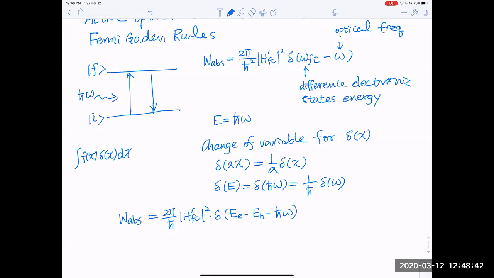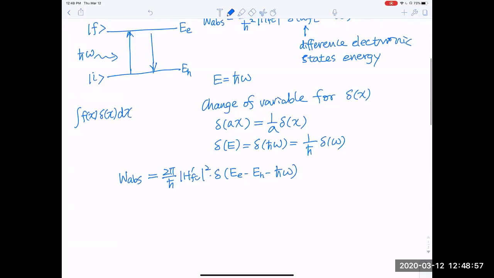Now we are calling the energy in the upper level E_e, and the lower level, from the valence band, will be E_h.